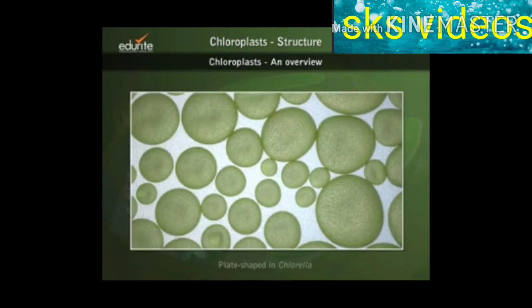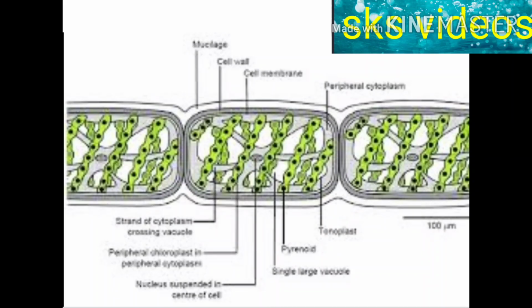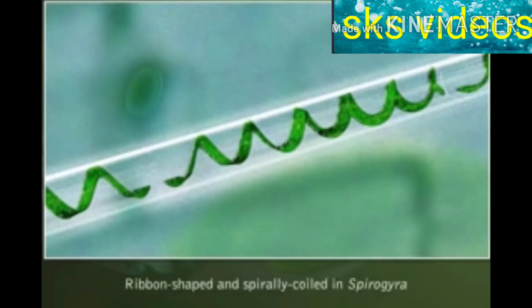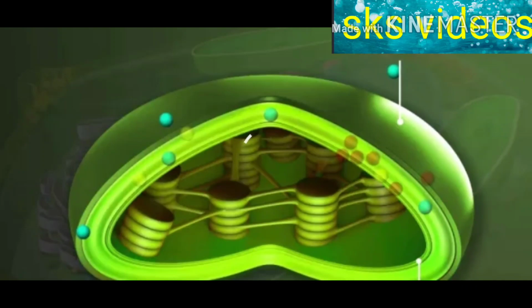Shape: spherical, oval and discoid shapes are found in all higher plants, whereas the Chlamydomonas chloroplast is cup shaped and in Spirogyra it is a spirally coiled structure. Now let us learn size. The length of the chloroplast is 4 to 5 microns, thickness 1 to 3 microns.